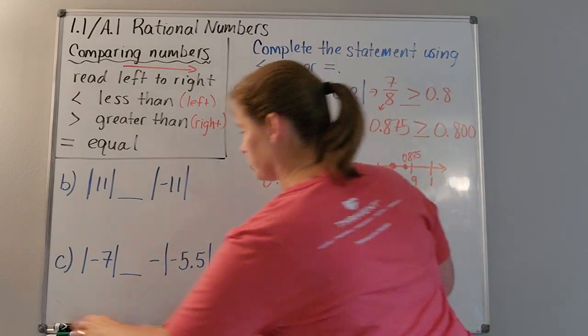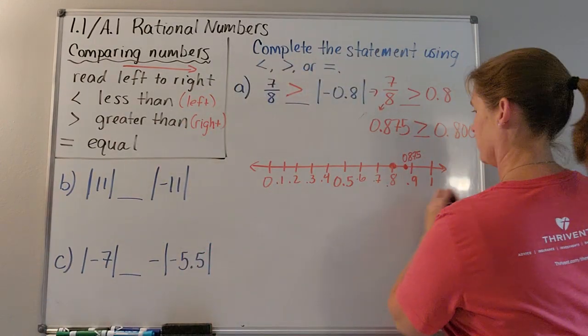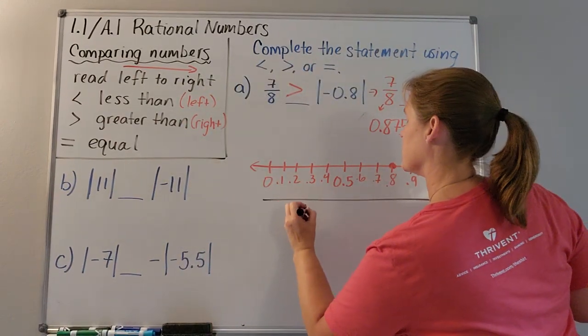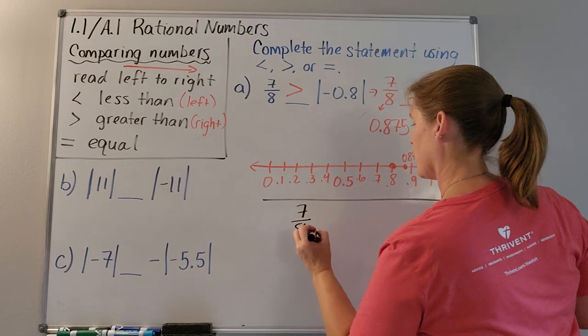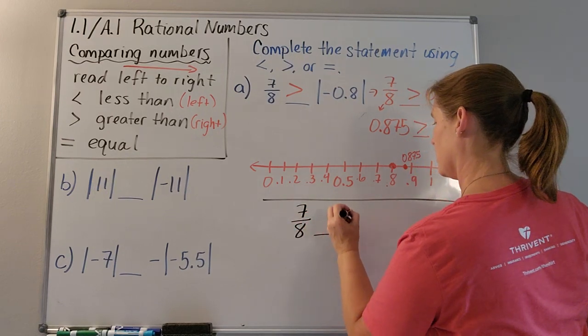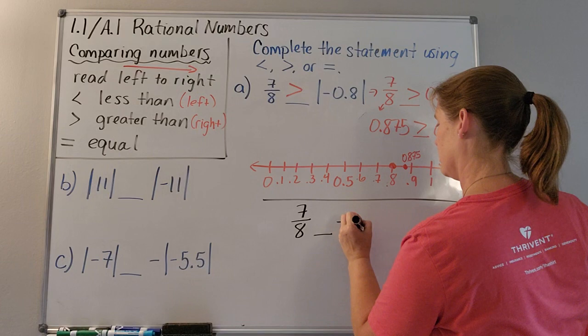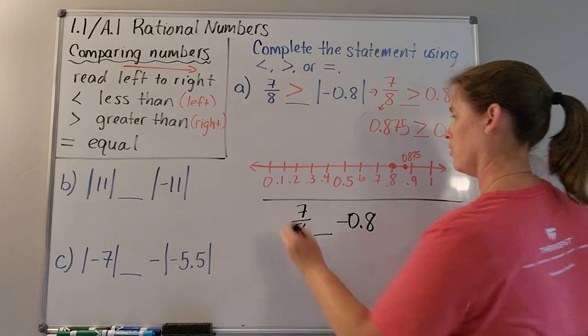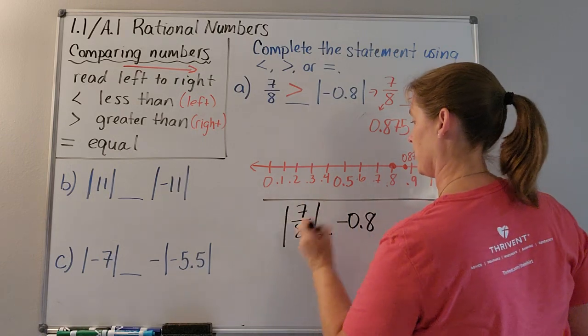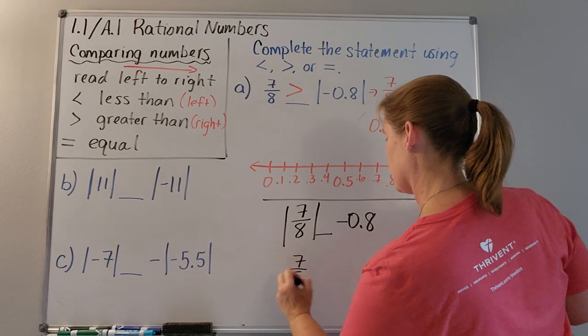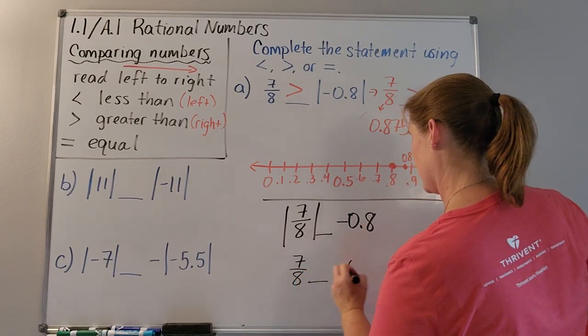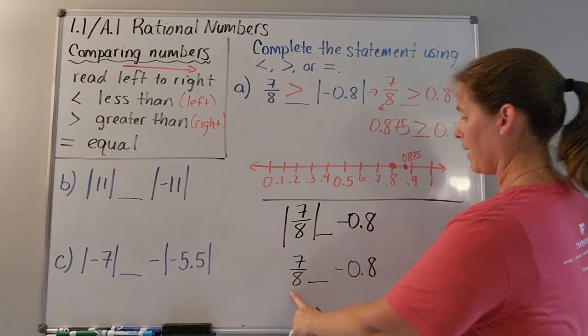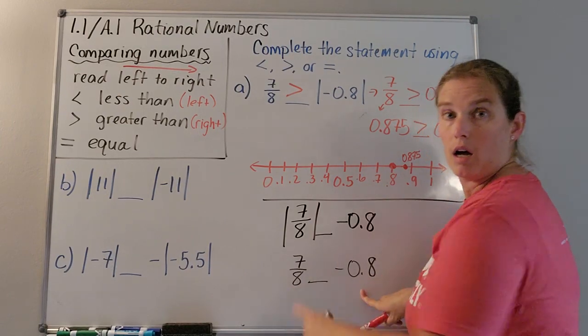What if this had been the problem? What if this had been 7/8 compared to negative 0.8? Or maybe I put the absolute values there around 7/8. So then we have 7/8. What is that compared to negative 0.8? I've got a positive number and a negative number.